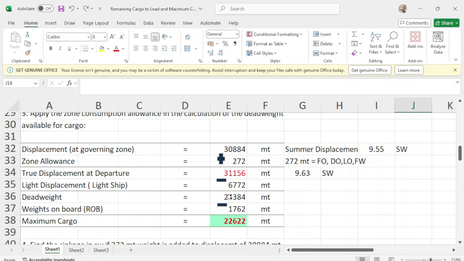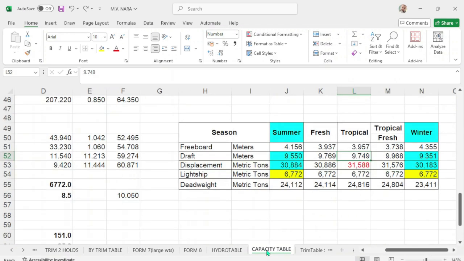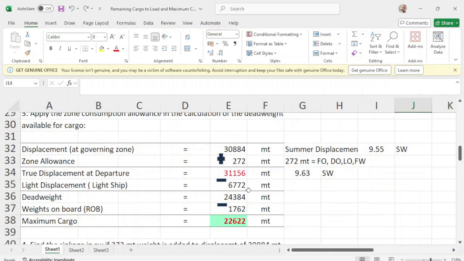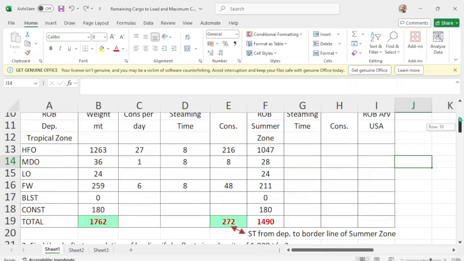Then you deduct your light ship, which is 6772, or light displacement, which is this one. From summer, your light ship is 6772. That is your light displacement. Then this will be your deadweight, minus your weights on board, which is this one.